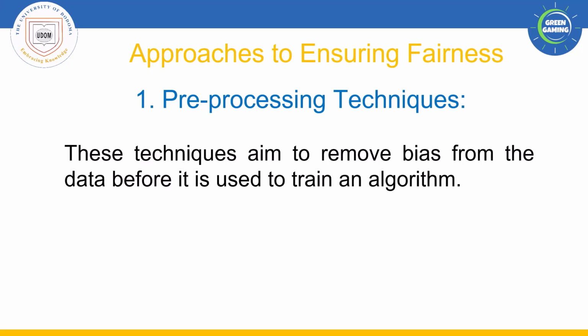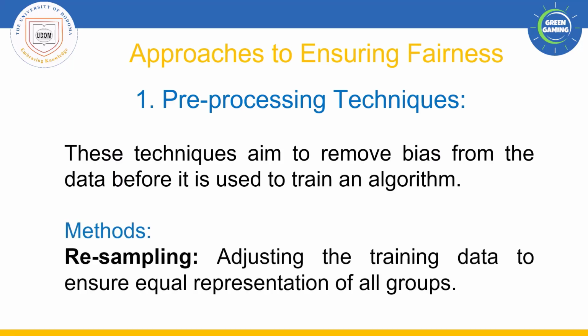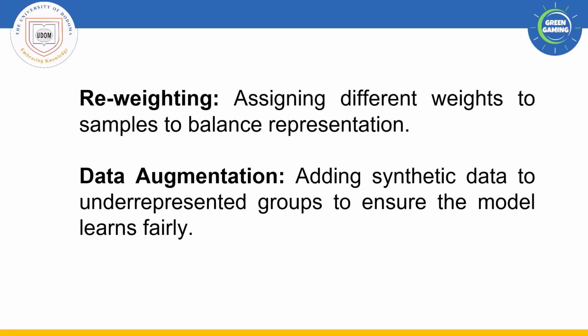Resampling or reweighting training data ensures equal representation across groups. Those are methods: resampling, reweighting, whereby we assign different weights to samples to balance representation, and data augmentation, adding synthetic data for underrepresented groups to ensure that the model learns fairly. So these are what we call pre-processing techniques.